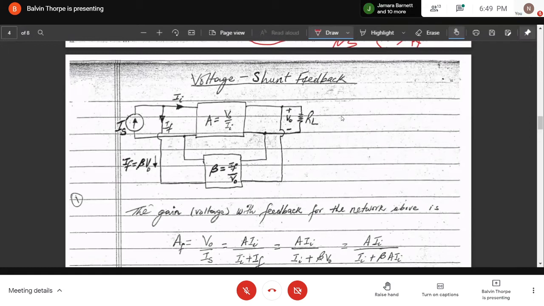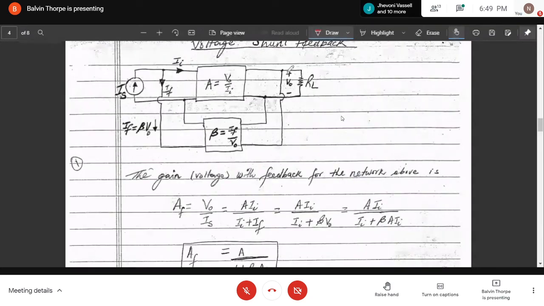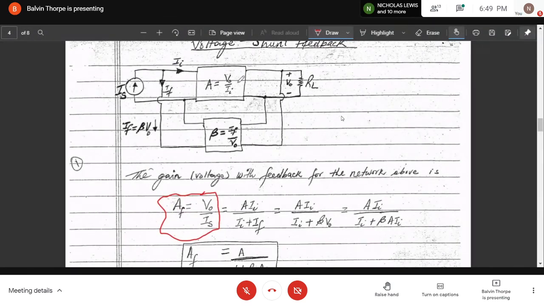So okay, we can do a couple of things. We know that the overall gain of the network with feedback is going to be this. But we also know a couple of things.